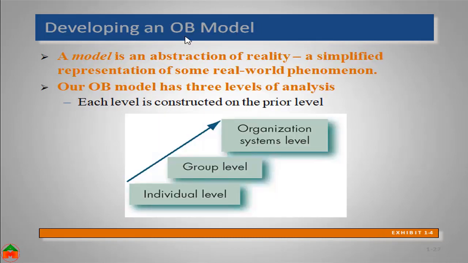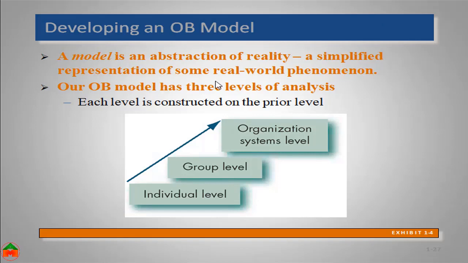To understand the organizational behavior, you can apply a model. A model is the representation of the real scenario. The model can be based on the individual level. The model can be based on the group level. The model can be based on the organization system levels.